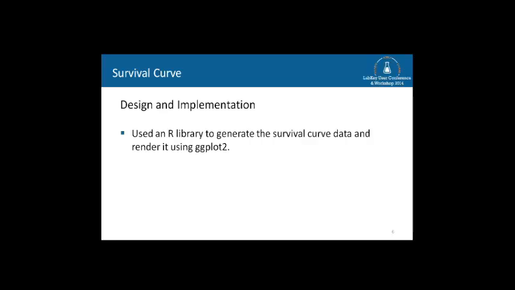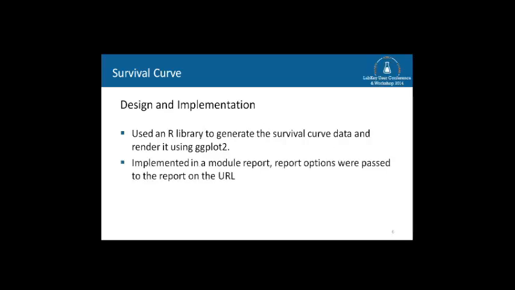There's a lot of different packages we could have used to do it client side, but there was a pretty good availability of survival packages, so we used R. We've implemented it as a module-based report, and so as parameters change on the front end, we pass that back to the server, re-render, return the artifacts, and then render it in the client.